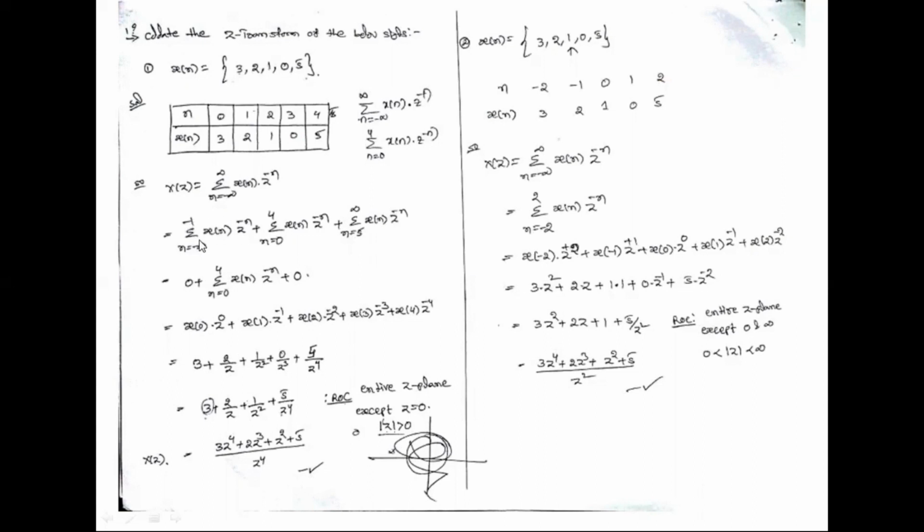Actually, the values for negative n are 0 here, and it starts from 0 to 4, and from 5 to infinity the values are also 0. So before n is equal to 0 and after n is equal to 4, the values given in the sequence are 0. From minus infinity to minus 1, the value is 0 here.